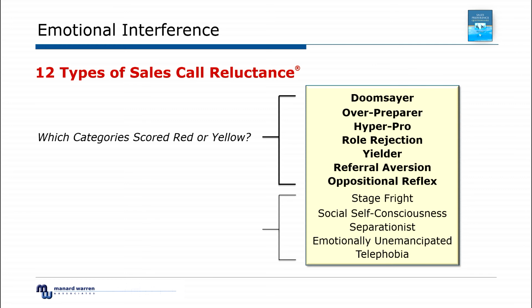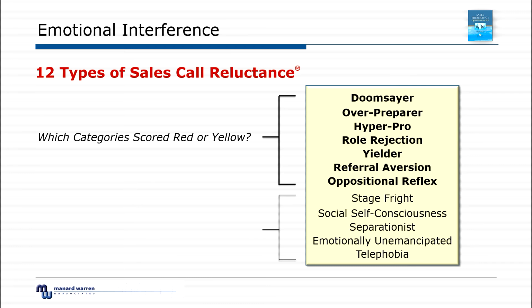If you did, then I would read in the Psychology of Call Reluctance book about them, and then make a decision on whether I wanted to attack them, to get rid of them. Because, again, what we're trying to do is get rid of the thoughts that cause us to make excuses at that moment of truth, so that we can comfortably take the appropriate proactive prospecting or sales action.